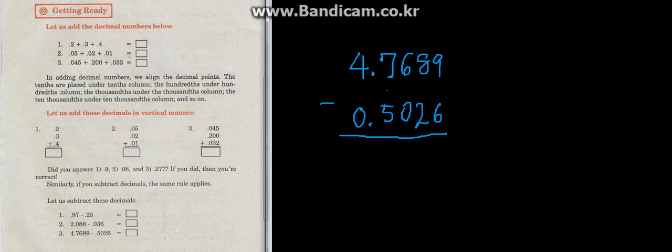So you have the tenths all in one column, the hundredths in the same column, the thousandths in the same column, and the ten thousandths also in the same column. Now you just subtract. 9 minus 6 is 3. 8 minus 2 is 6. 6 minus 0 is just 6. 7 minus 5 is 2. And then place the decimal point and the 4. So the final answer is 4 and 2,663 ten thousandths. Okay, that was easy, right?